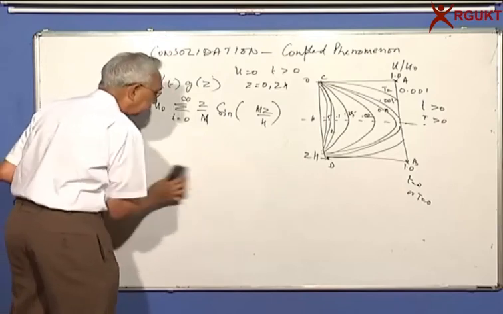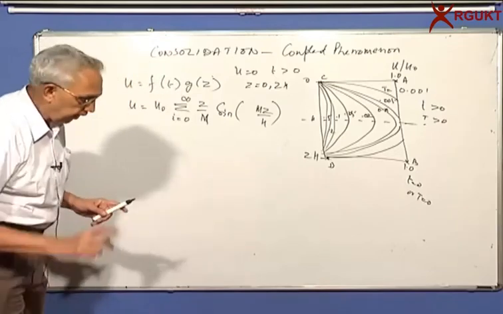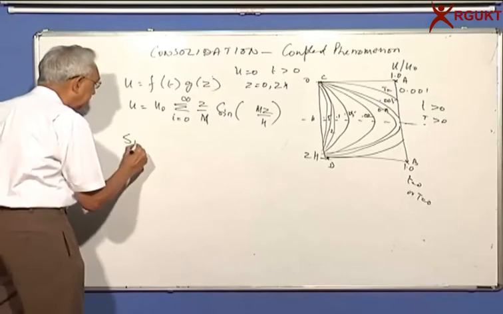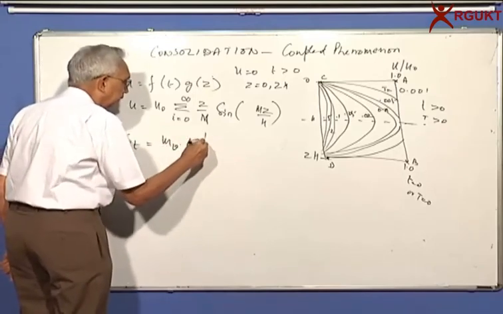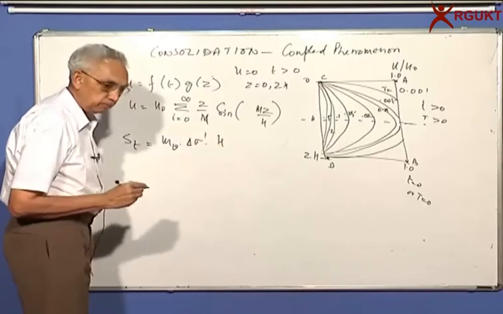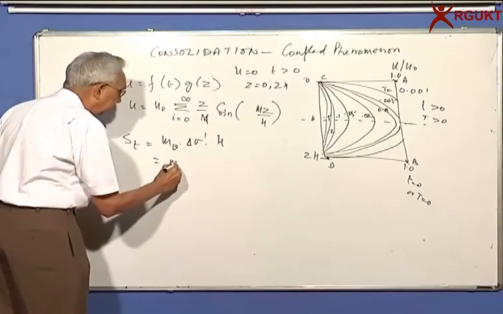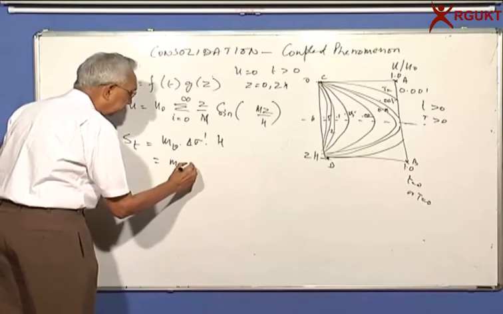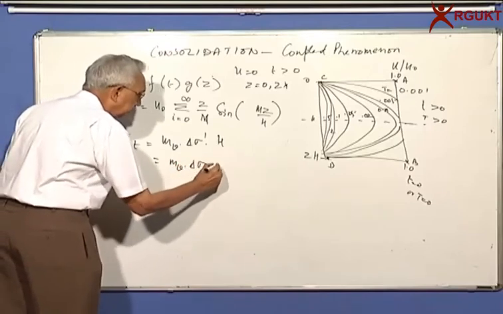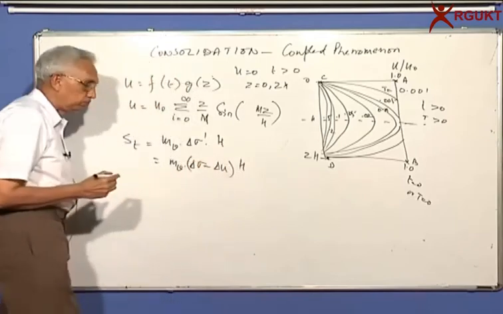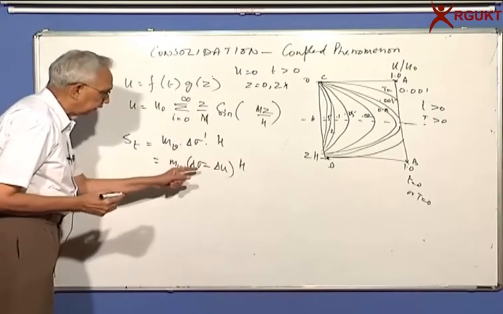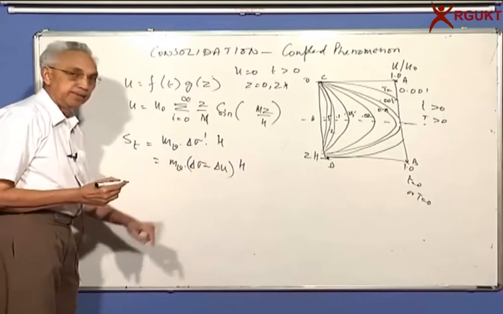And we say the settlement at any time t is equal to mv into delta sigma prime into the thickness. We'll come back to this a little later. It is mv into (delta sigma minus delta u) into h, because the effective stress is equal to total stress minus delta u.